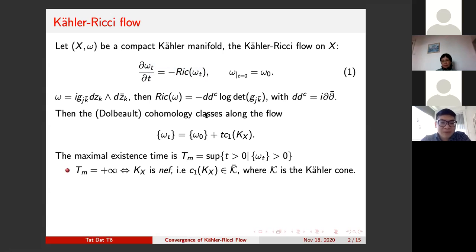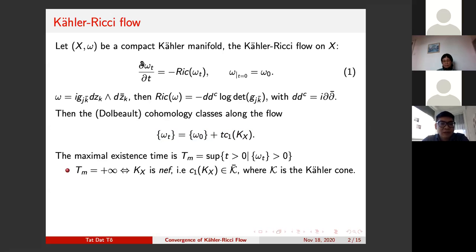Okay, so that's a short introduction. Here I'm interested in the Kähler case. We have a lot of properties from complex Kähler manifolds, and also some properties from algebraic varieties. If you take the Dolbeault cohomology class along the flow, the class of the metric omega_t can be written as omega_0 plus t c_1(K_X). Here c_1(K_X) is the first Chern class of the canonical bundle.